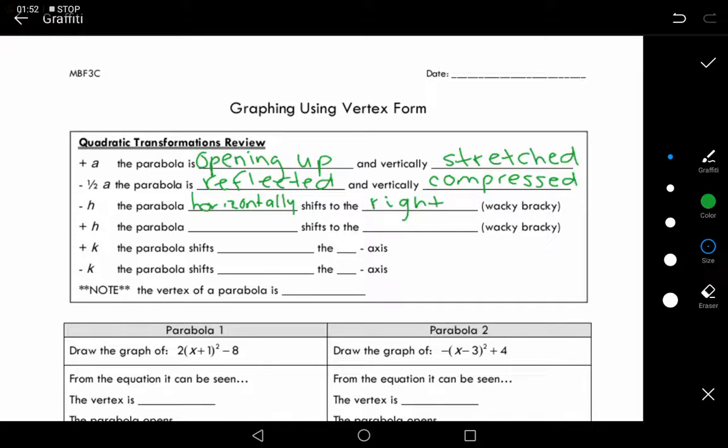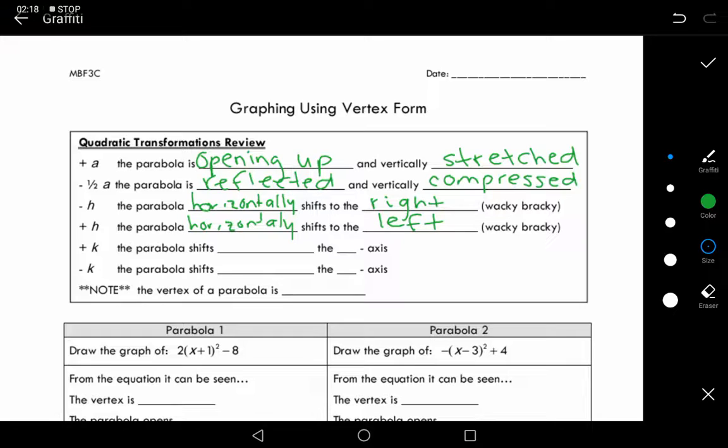So even though it's a negative value and we would think negative would move left, it actually is going to move right. Okay, if we have a positive h value, on the other hand, we're again moving horizontally, and we're going to shift to the left. So you just have to remember that that h makes it do kind of the opposite thing.